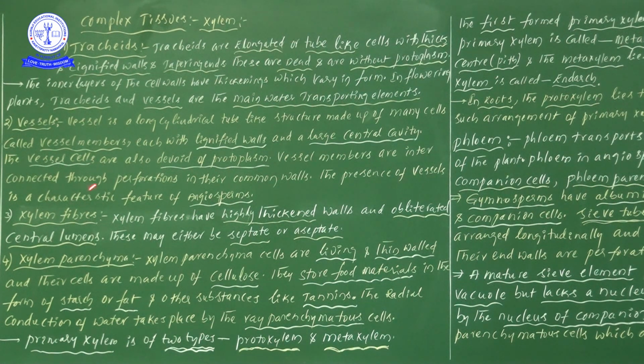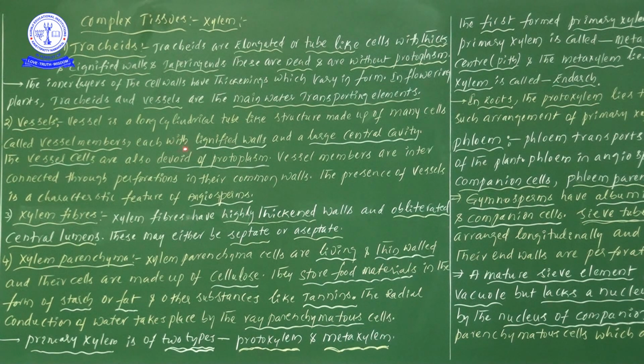Again, don't compare with xylem fibers and xylem parenchyma; when you compare with all of them, xylem parenchyma is more advanced, so don't think likewise. In comparison of tracheids and vessels, the most advanced one is vessels. Next, these vessels are made up of many cells known as vessel members.